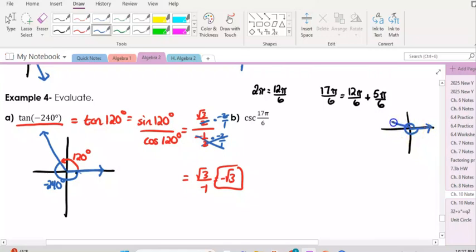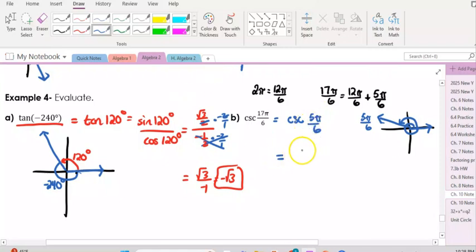So I know it's somewhere right over here, approximately, and that's at the same place as 17 pi over 6. So I'm going to think of this as the same as the cosecant of 5 pi over 6.